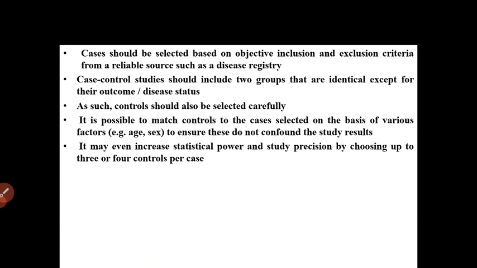Next, controls should also be selected carefully. It is possible to match controls to the cases selected on the basis of various factors like age, sex, etc. to ensure these do not confound the study results. It may even increase statistical power and study precision by choosing up to 3 or 4 controls per case.